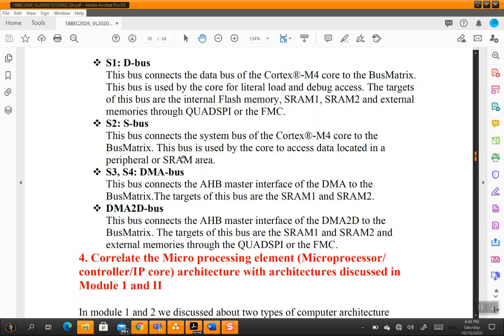I told you that the SRAM area lies on the right of the system architecture, as I showed you before. And the S3 and S4 DMA buses connect the AHB master interface of the DMA to the bus matrix, and the targets of these buses are SRAM1 and SRAM2.